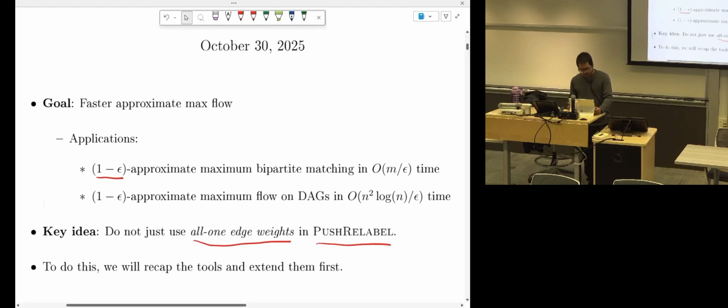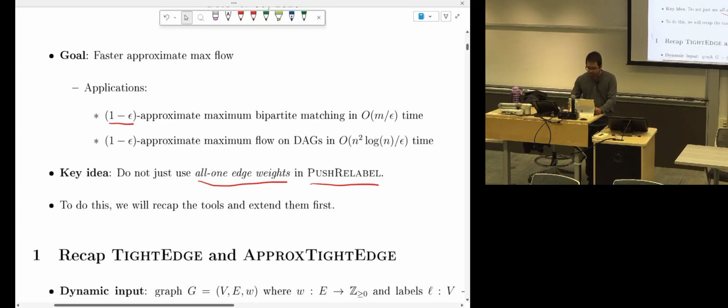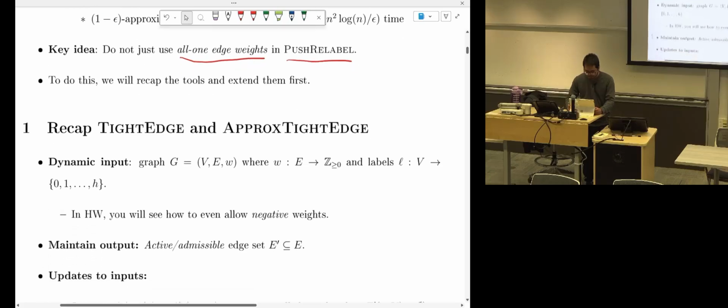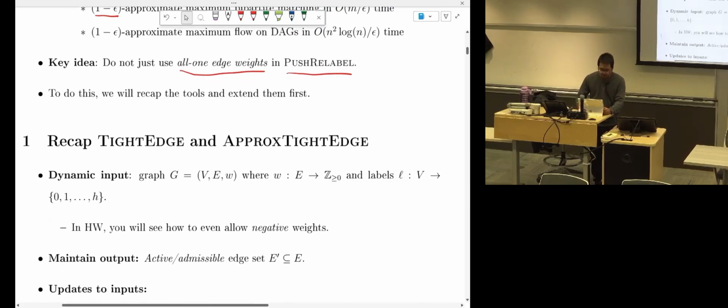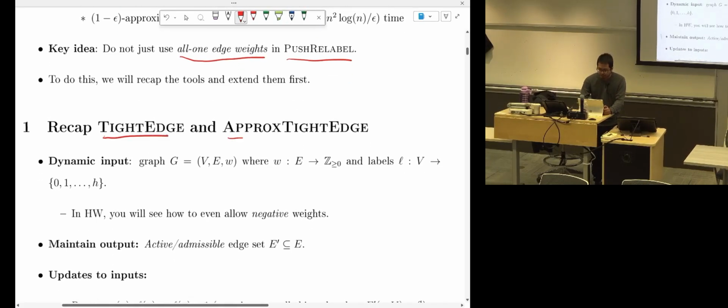But let me recap a lot of things first. We need to build it up from the ground up. So first, recall the tight edge data structure and the approximate tight edge data structure. This is just old stuff, but I just want to recall. So what do we have? We have a graph with some edge weights.